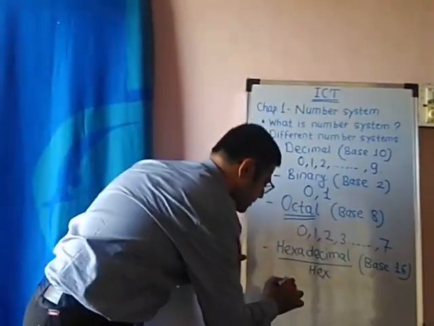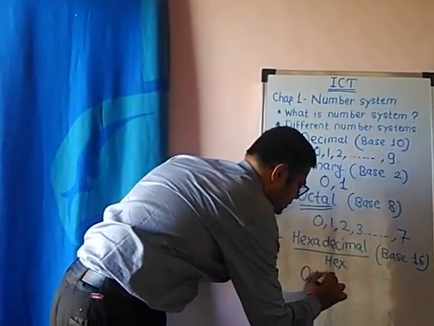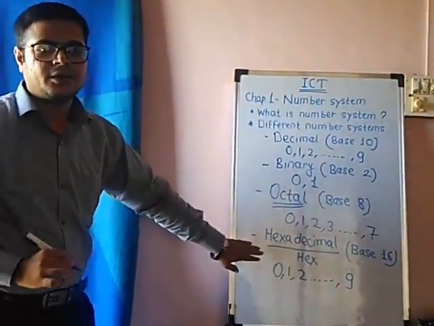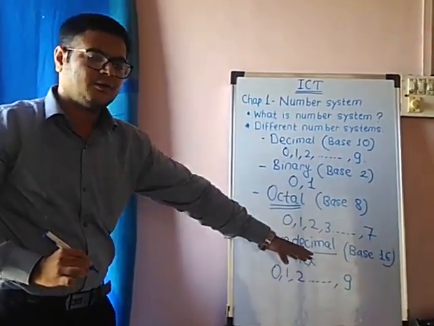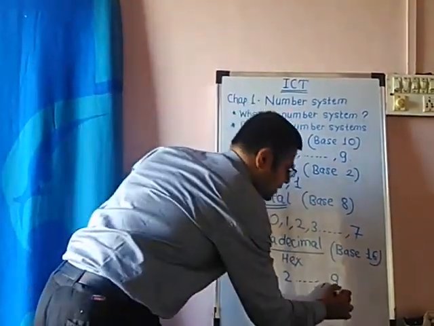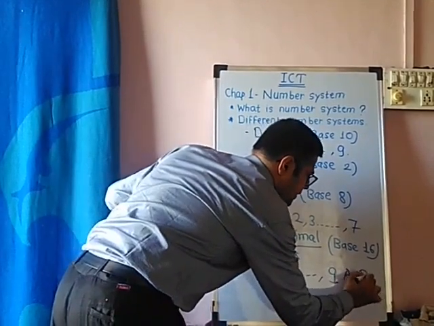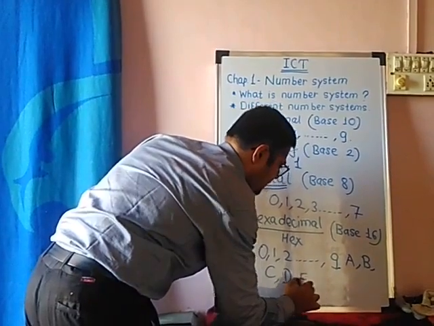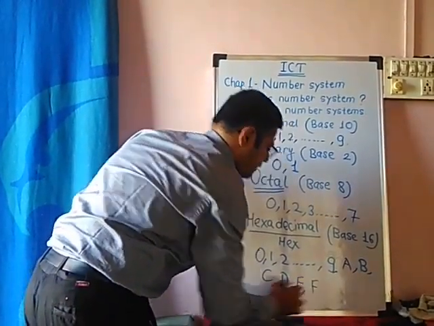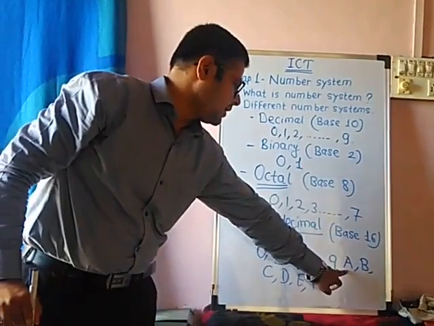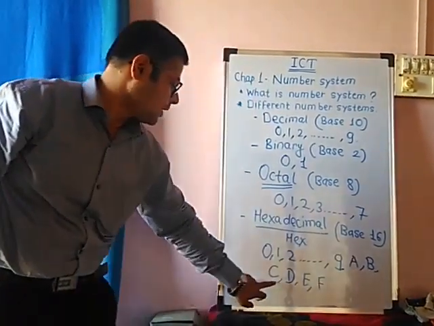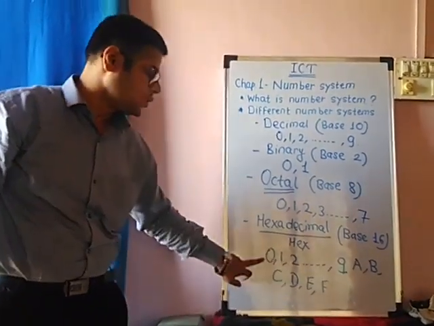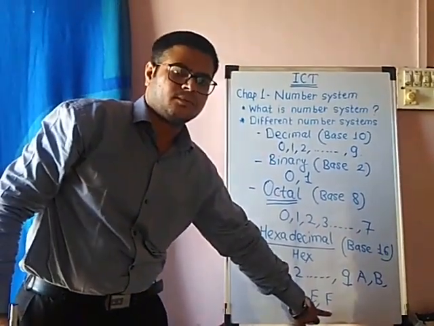The numbers are 0, 1, 2, up to 9, and after 9 you don't need to write 10. You have to write here A, B, C, D, E and F. So A will be 10, B will be 11, 12, 13, 14, 15. So from 0 to F.